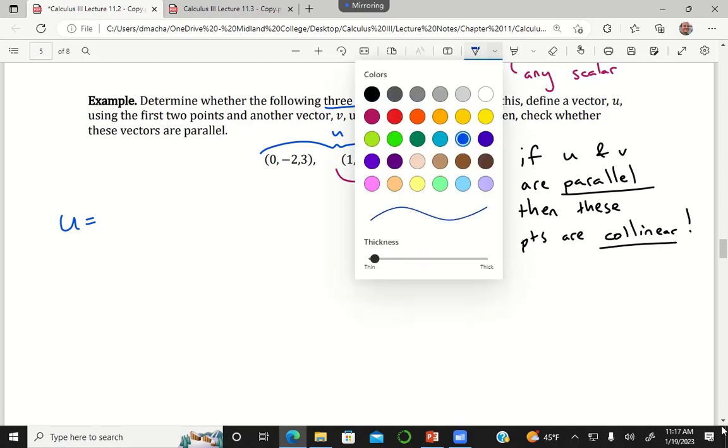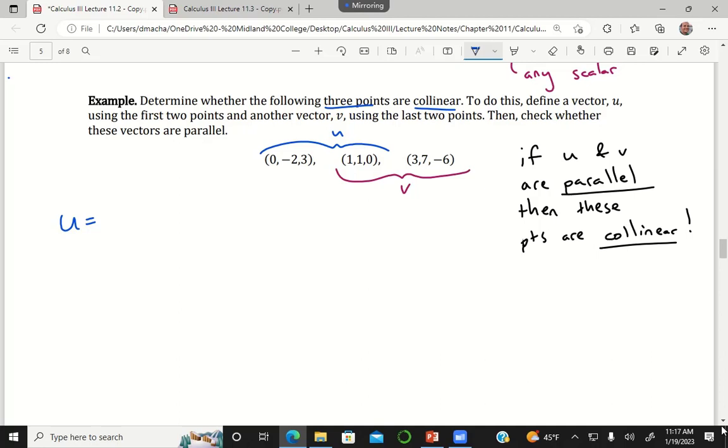Okay, so the way I'm going to make my u vector is I'm going to take the difference between the first 2 points, and so I might write something like (1, 1, 0) minus (0, -2, 3). So my u vector is going to have entries 1 minus 0 is 1, 1 minus negative 2 is 3, and then 0 minus 3 is negative 3. Okay.